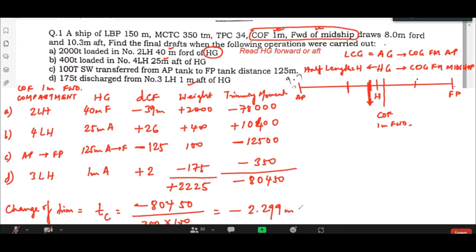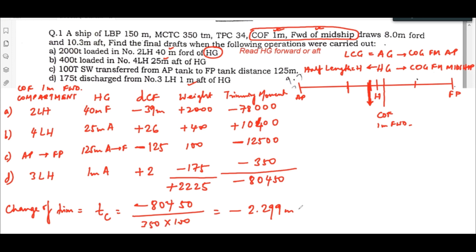Are we able to get this? Yes, sir. Okay. Now we need LCF. How much is LCF? 76 मीटर. 150 दिया हुआ है.